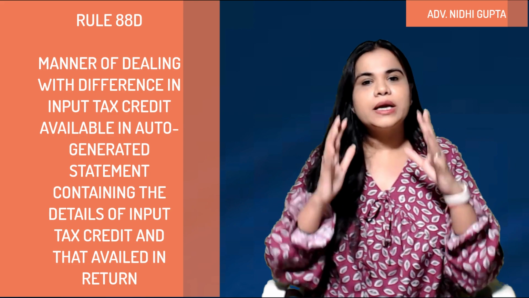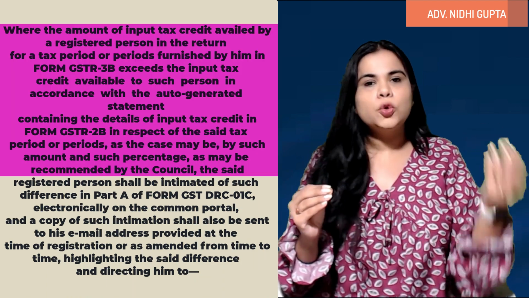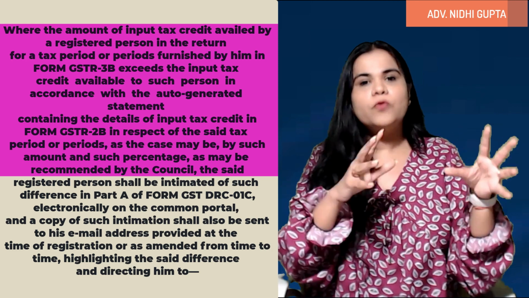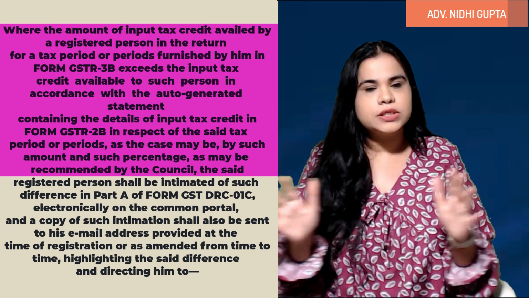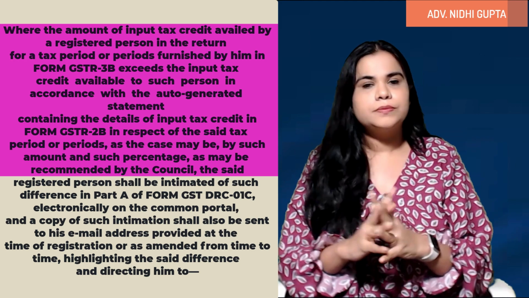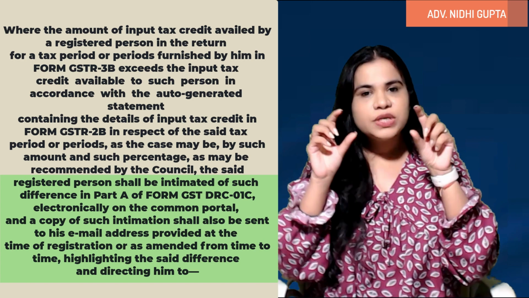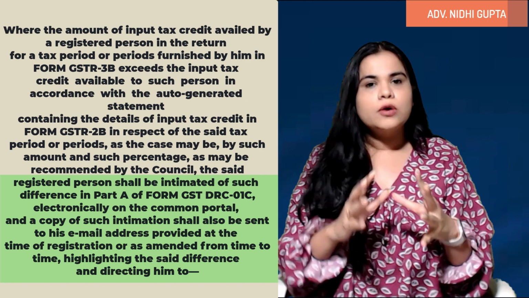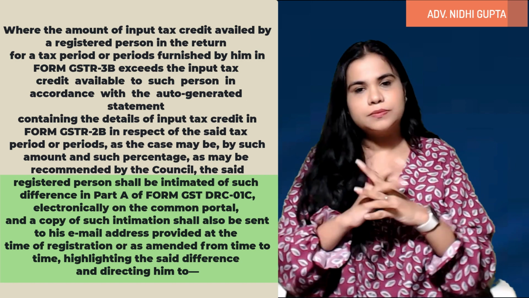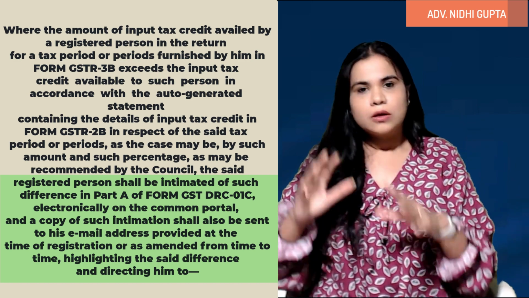This Rule 88D, if you look at closely, it says that for any recipient, if there is GSTR-2B and 3B difference over and above a certain amount and for a certain period as recommended by the GST Council, then a computer generated intimation would be sent to such a recipient in Part A of GST DRC-01C on the common portal as well as on his email ID.